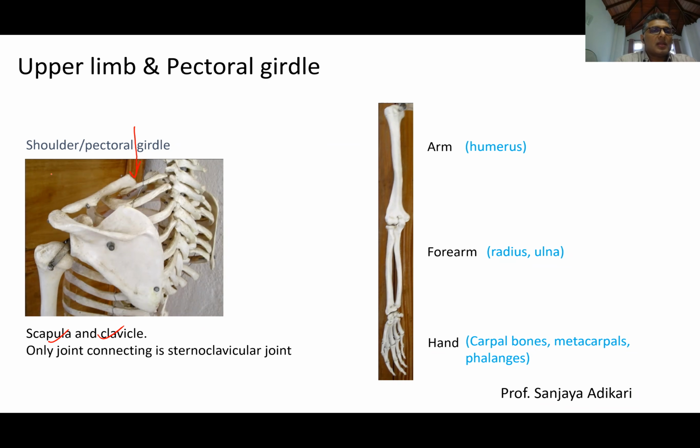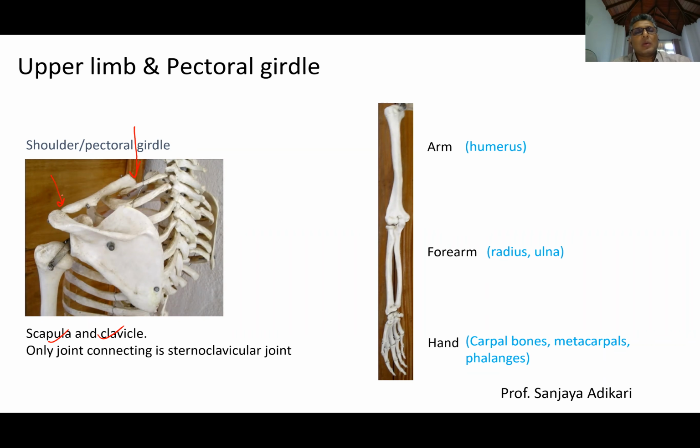Even though there is a joint within the pectoral girdle, the acromioclavicular joint between the scapula and the clavicle, the only connection to the axial skeleton, physical connection in the sense of a joint, is at the sternoclavicular joint. Rest of it is totally hung by ligaments and muscles. So that is the important point. So that adds to the mobility of the upper limb.